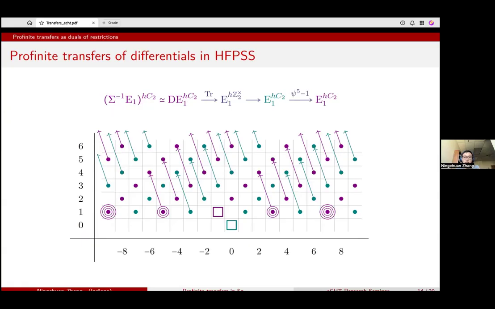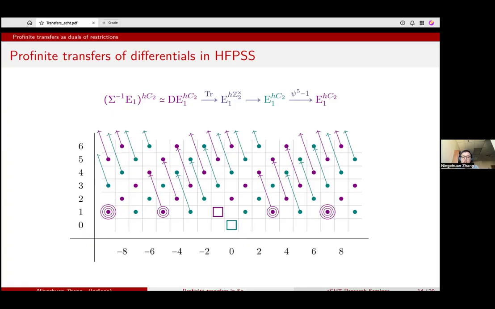Here all the differentials are either from the restriction, aka the Hurwitz map, or from the transfer. By doing that, we can completely determine this spectral sequence.